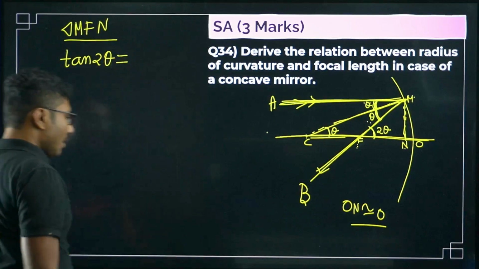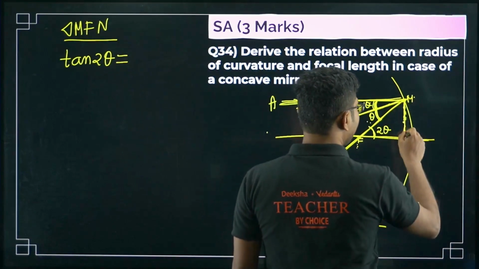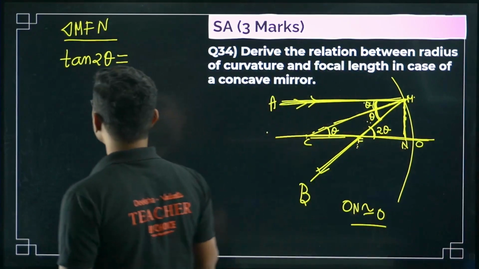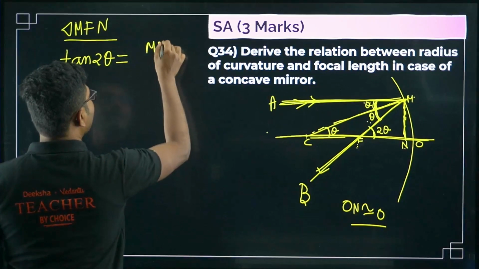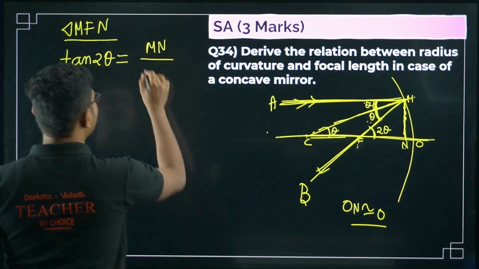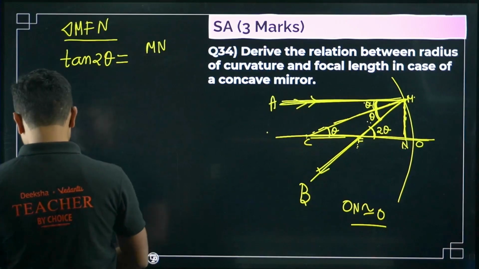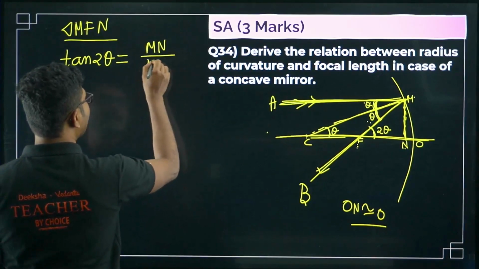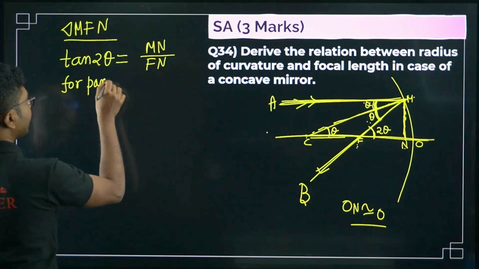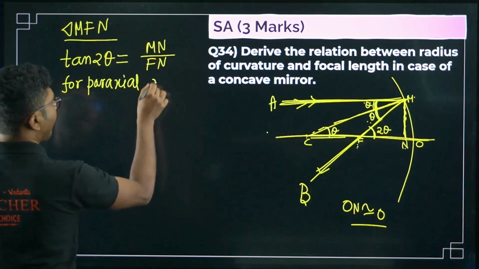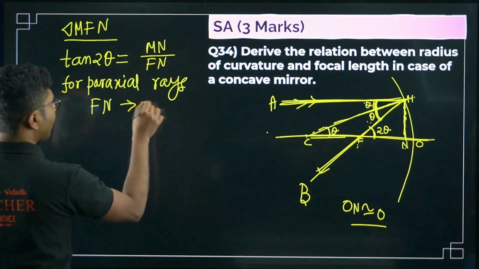Tan means perpendicular by base, so tan 2 theta is MN divided by FN. Now what will FN be equal to for paraxial rays? For paraxial rays, FN will be equal to FO.